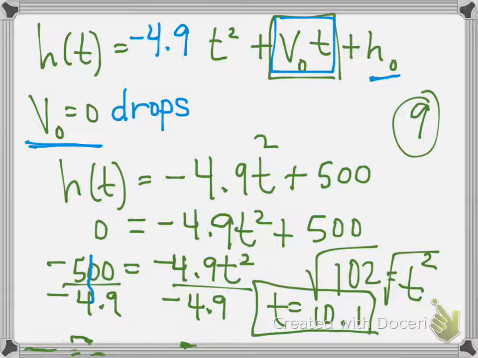When I do that, I get around 102. And then I take the square root of that, and I get 10.1. So the question said, how long will it take the bolt to reach the ground? And that would be 10.1 seconds. All right. Great. Next problem.